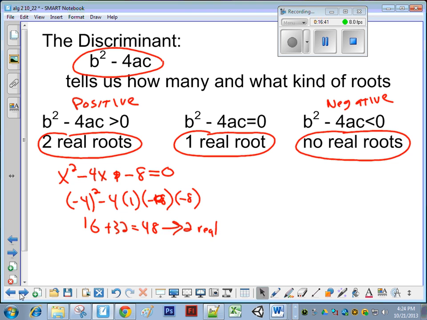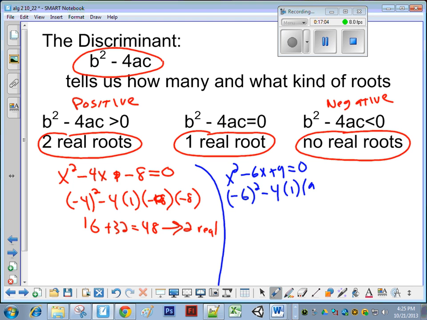All right, now let's try another one. This time, let's do x squared minus 6x plus 9 equals 0. Negative 6 squared, or b squared, excuse me, minus 4 times 1 times 9. 36 minus 36 equals 0. One real root.